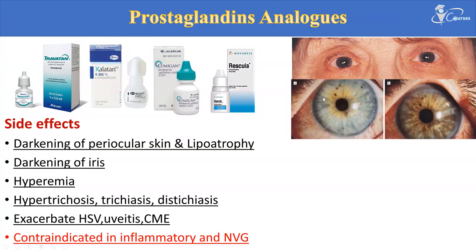This is a patient before the treatment with prostaglandin analogs, and this is 6 months after the treatment. The noticeable feature here is not only the iris hyperchromia, but also the congestion. You see the iris here was a little bit congested, but here it becomes severely congested.